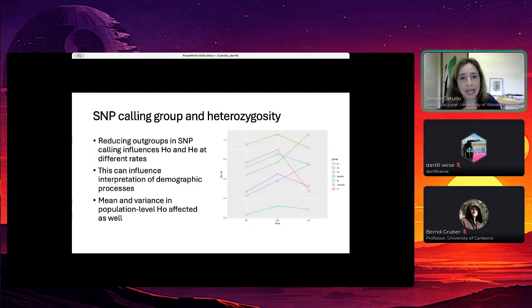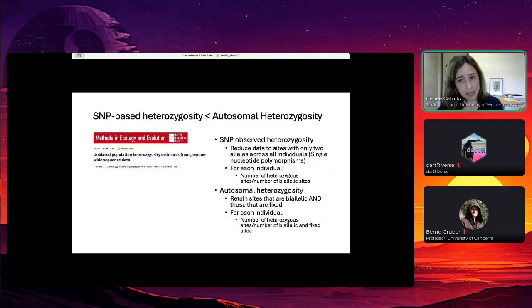But observed and expected, so this is observed divided by expected, don't change in ways we totally understand. This is a key part of understanding demographics, our relationship between observed and expected heterozygosity. And so this is really biased and can be really challenging. So SNP-based heterozygosity is, I think, going by the wayside at the moment.